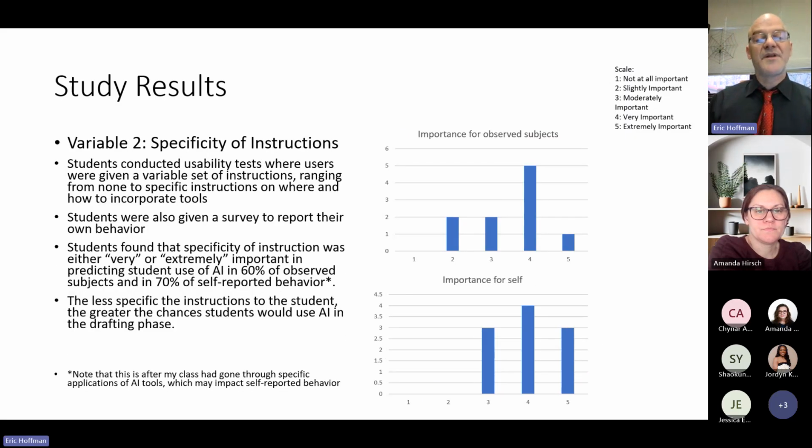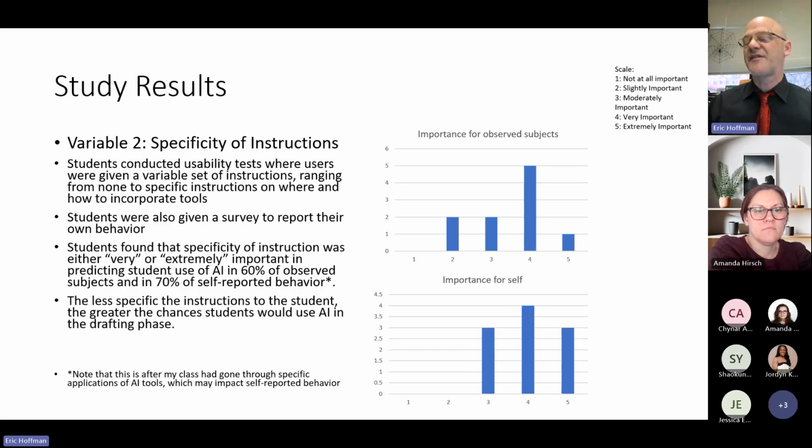The second variable was specificity of instructions. And again, here we tested it in a kind of lots, some, none sort of gradation. And perhaps predictably, we found that in about 60% of the observed behavior, specificity of instructions was either very or extremely important in how their participants actually used the tools.